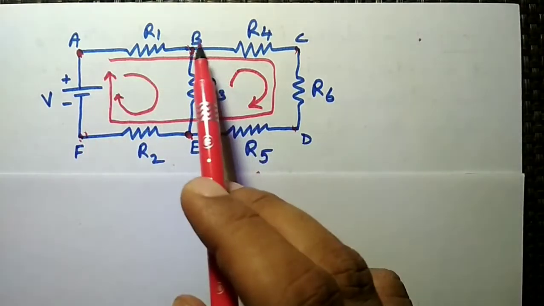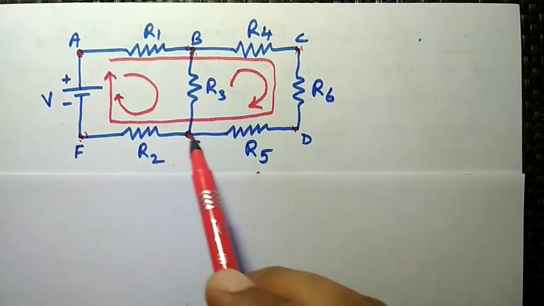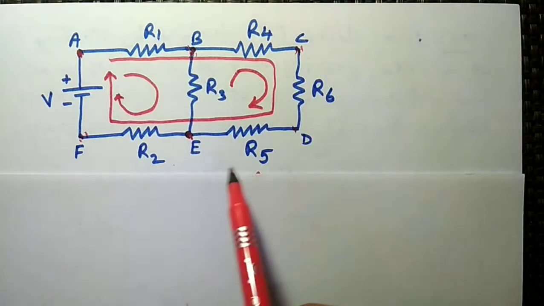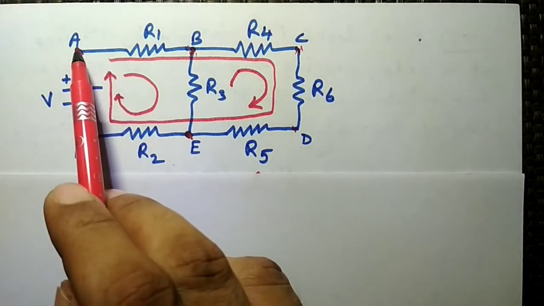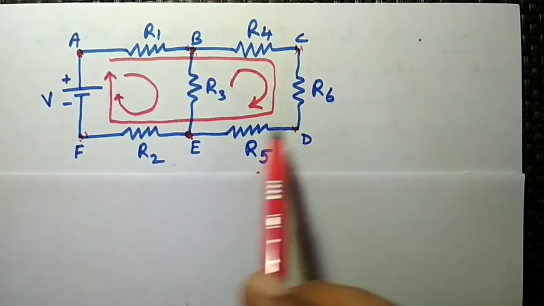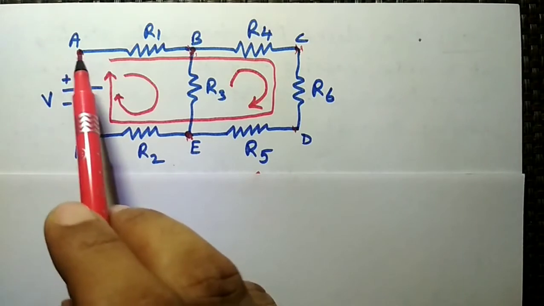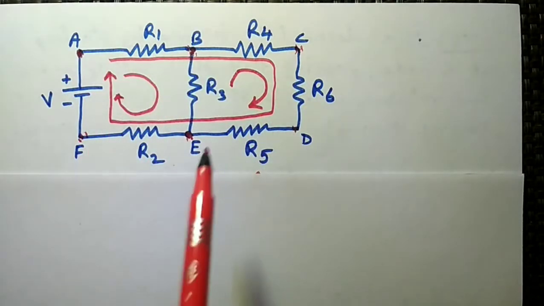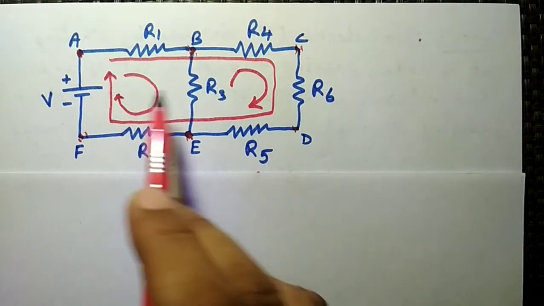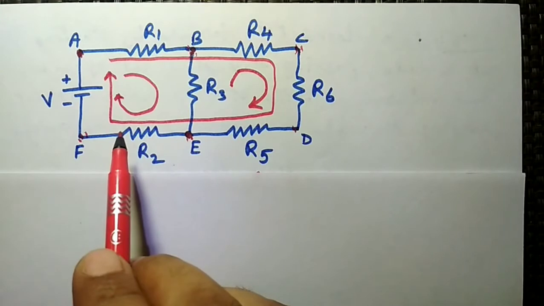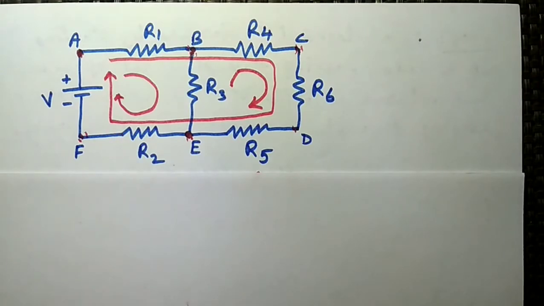The second one is B, C, D, E and B, which is another loop. And if we consider the whole circuit, that is A, B, C, D, E, F and then A, it is another loop. So we have loop 1, loop 2, and the whole circuit as the third loop.